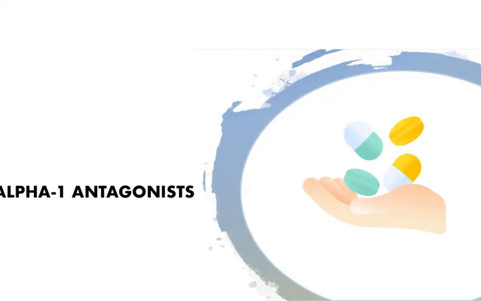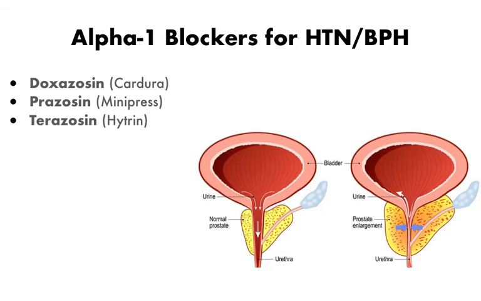We also have alpha-1 antagonists used for a specific purpose for hypertension. The alpha-1 blockers in this case are doxazosin, prazosin, and terazosin. These are more efficiently used when a patient needs both treatment for hypertension and for BPH, benign prostatic hypertrophy.